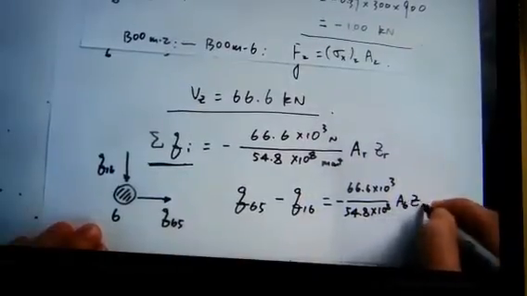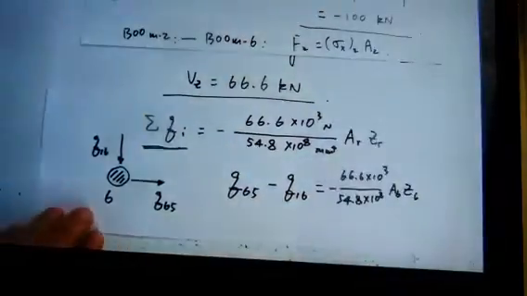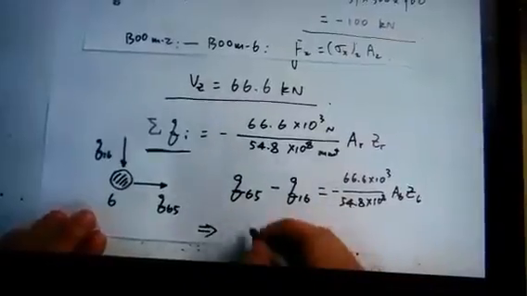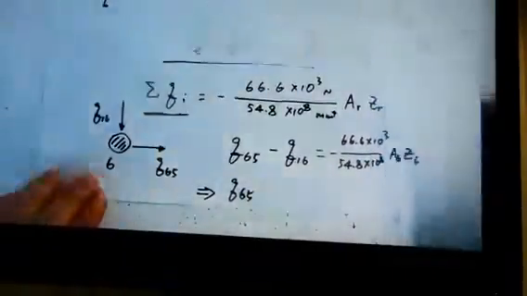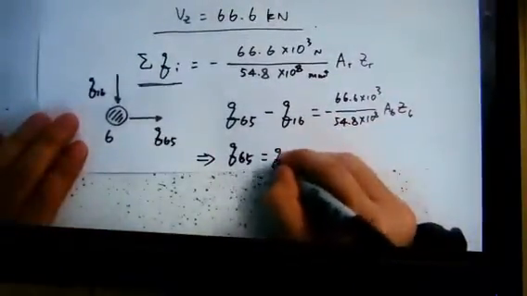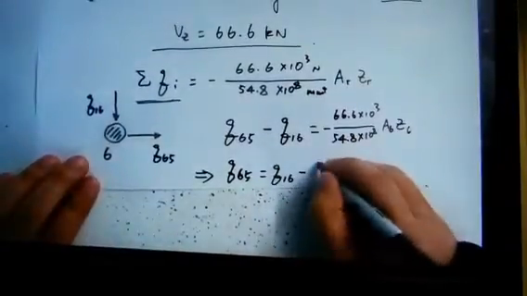A6, Z6, right? We are dealing with boom 6. So this is equal to Q65 minus Q16.